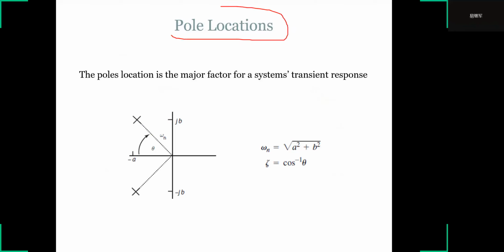Pole location. I'm not sure if you remember some concepts in your control theory. If you remember the control theory, you maybe know the pole location. The pole location is the major factor for a system's transient response.